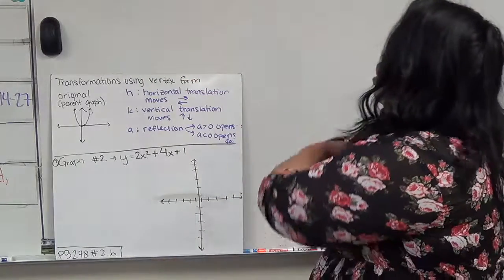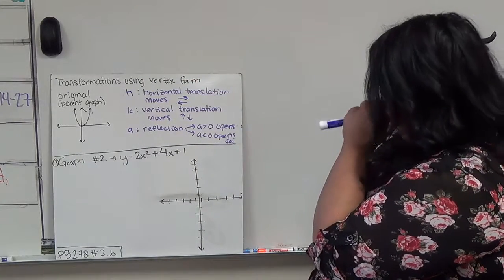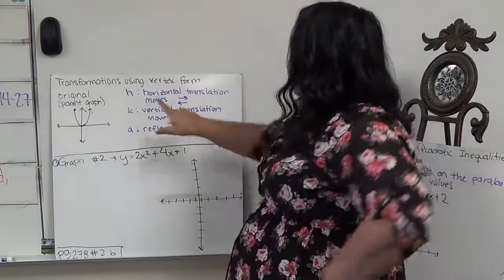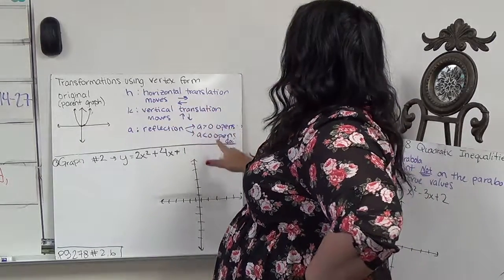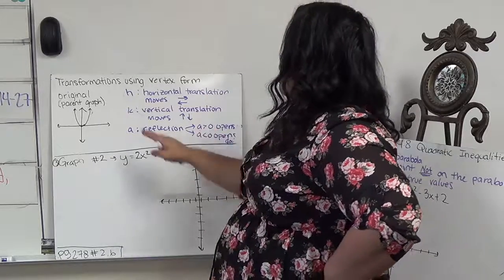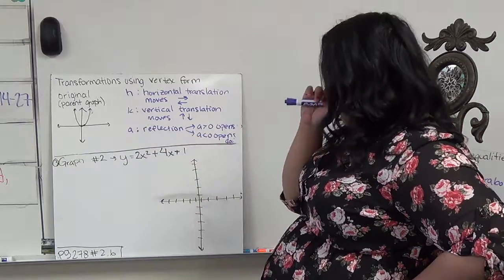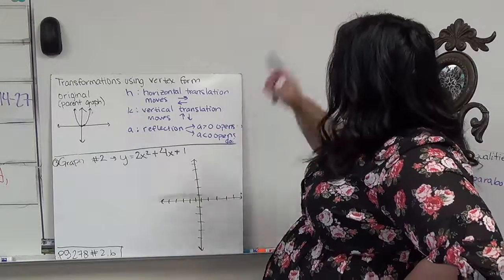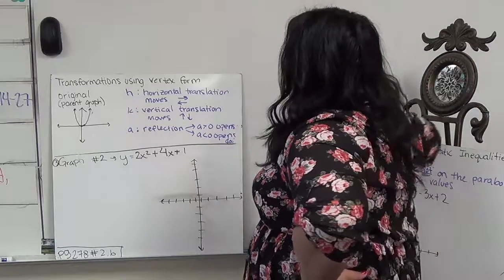Okay, so when we're using transformations using the vertex form, our H is the horizontal translation, which basically moves left and right, how much it tells us to move left and right. Our K is how much it tells us to move up and down. And then our A tells us, does it open up or open down?